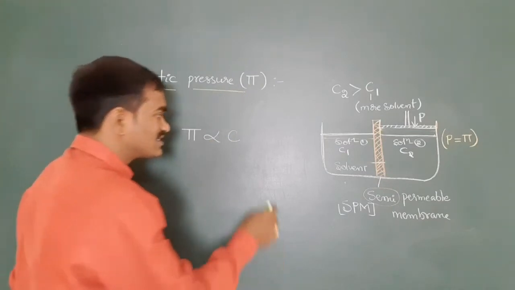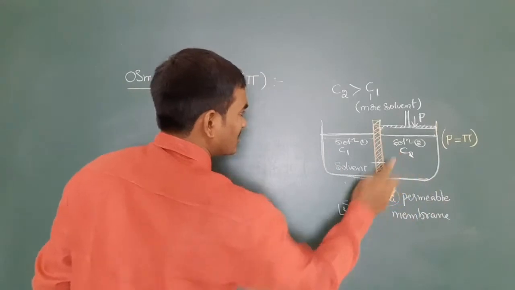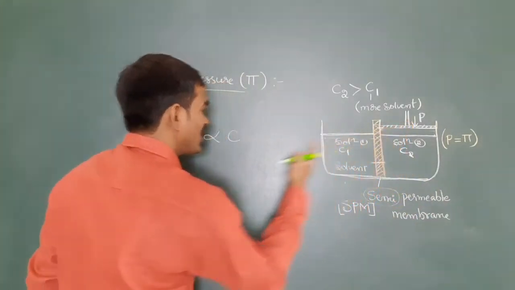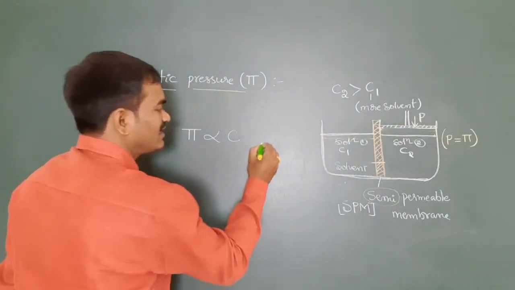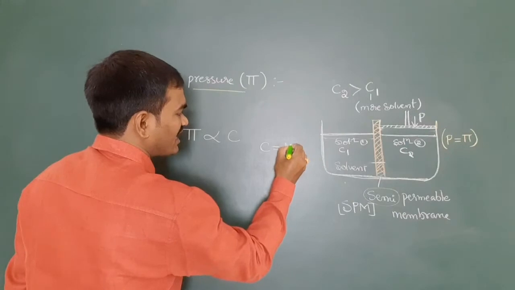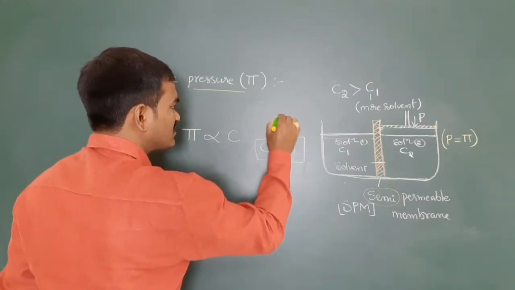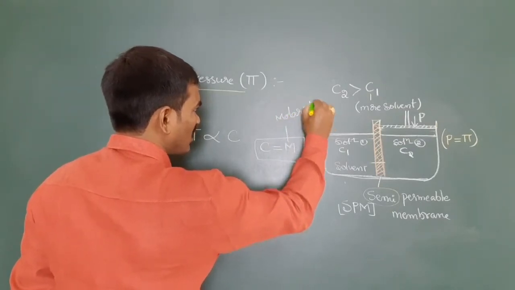So whenever the concentration increases, osmotic pressure also increases. Generally here, this concentration we take as molarity, capital M.